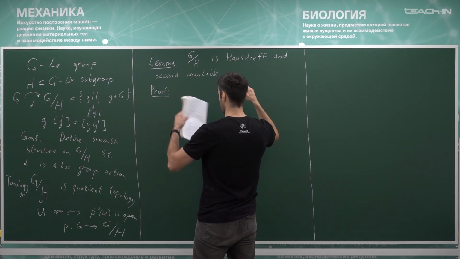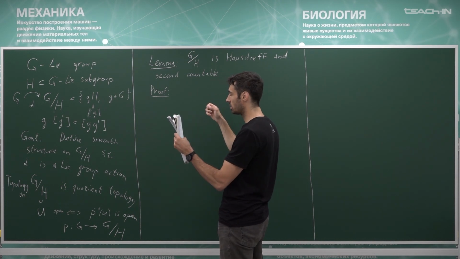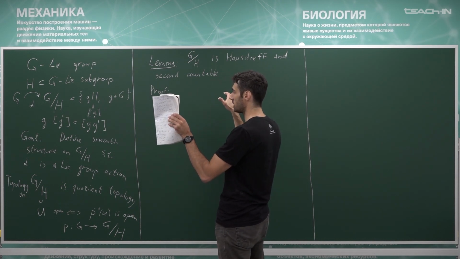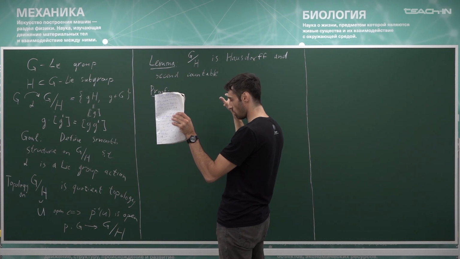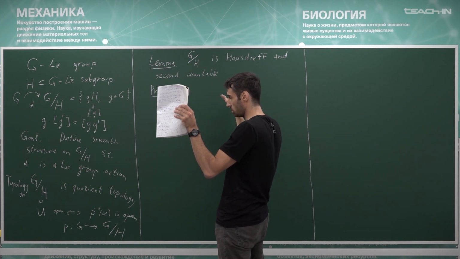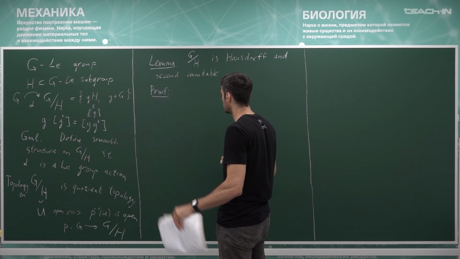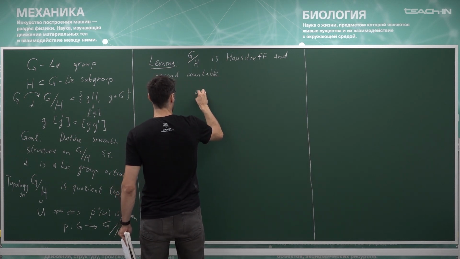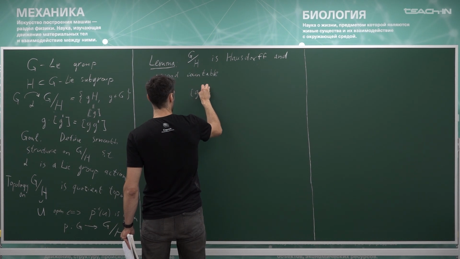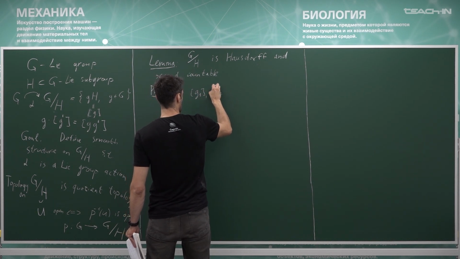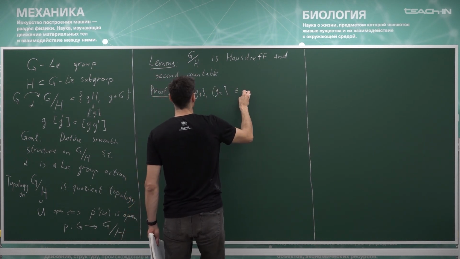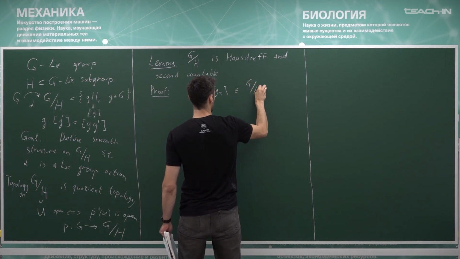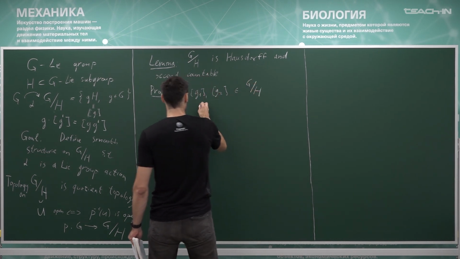Hausdorff means what? I take two different points and then can find open neighborhoods of these points such that these neighborhoods do not intersect. Right, so let me fix two points, g1 and g2, inside G over H, some arbitrary points, and they are different.